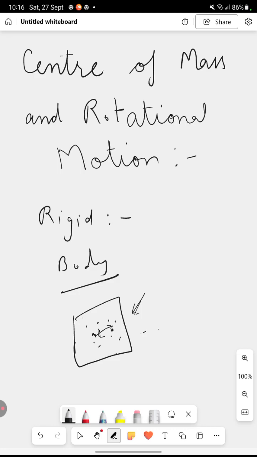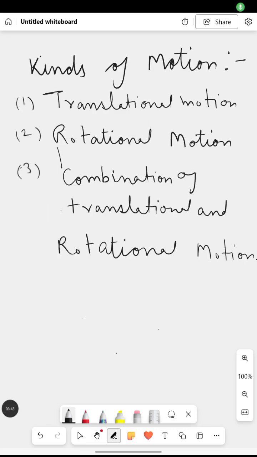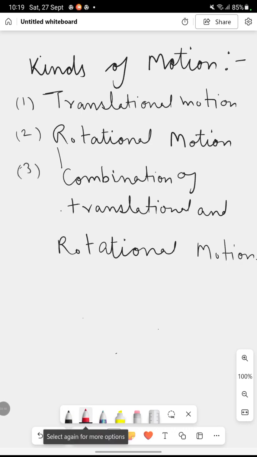Now moving ahead in this chapter, we will learn about the different types of motion shown by any object. We have three kinds of motion: translational motion, rotational motion, and a combination of translational and rotational motion. Now we will study one by one.